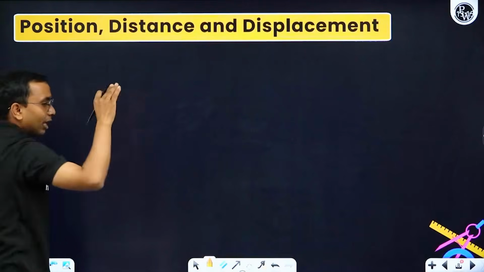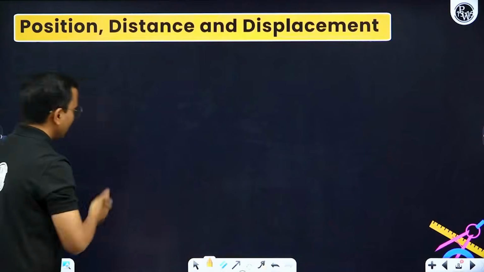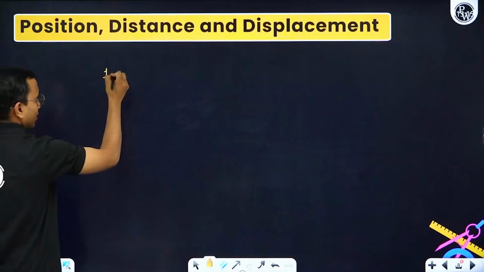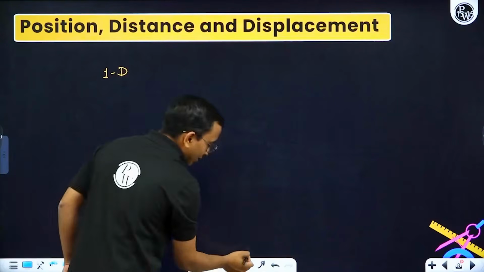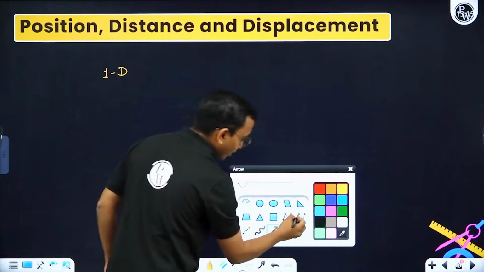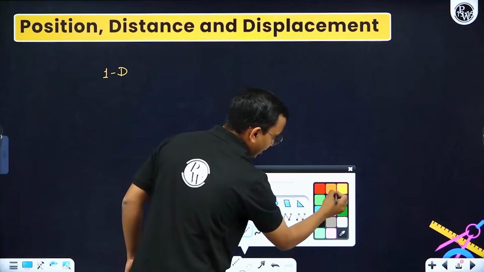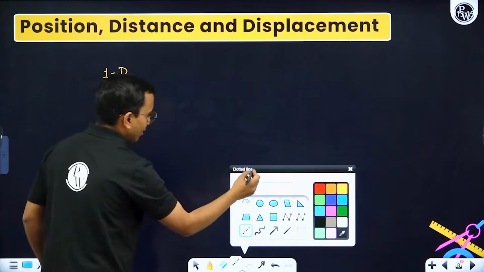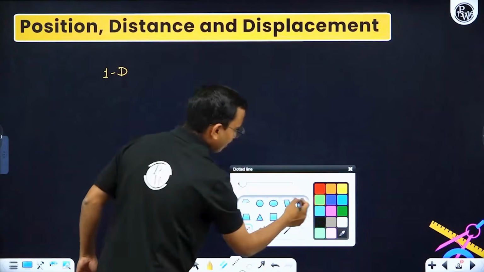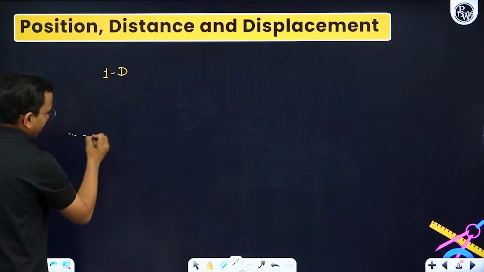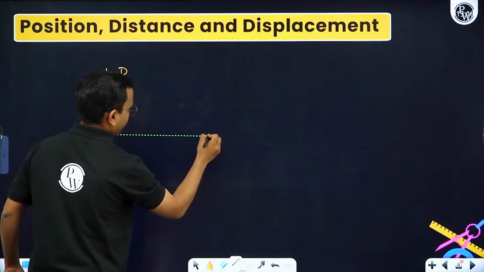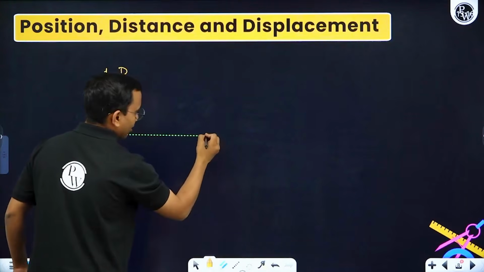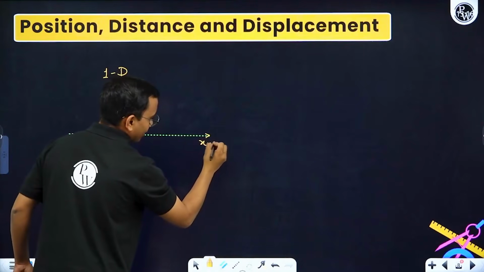What I'll do is parallelly for 1D and 2D. First of all, if I write for 1D, 1D means the particle is moving along one direction. Let us take the x-axis. This is my x-axis.